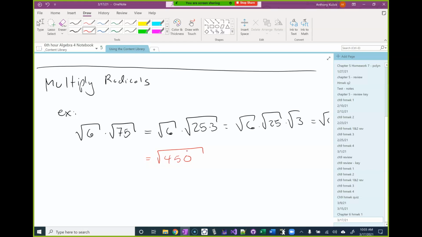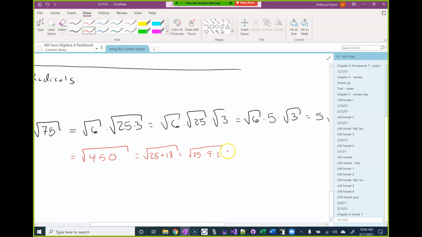And if we wanted to even, we could say, oh, 18 is 9 times 2, right? Might as well do it now. So 5 times 3 times root 2, or 15 root 2. Still ending up at the same place. Is that okay with you guys?